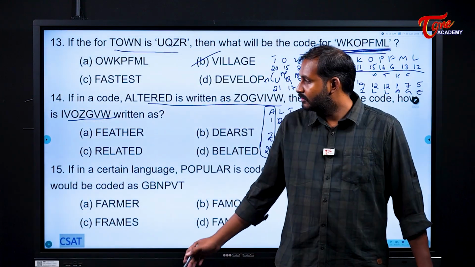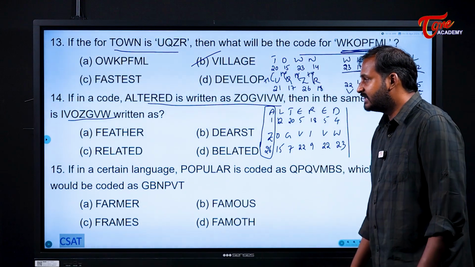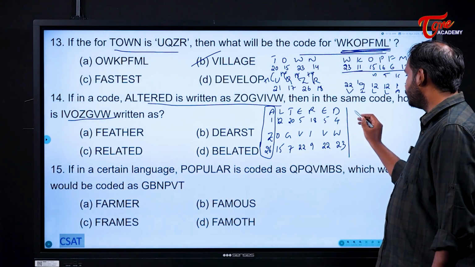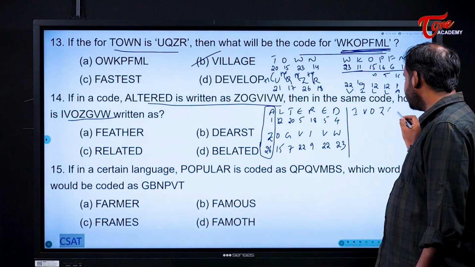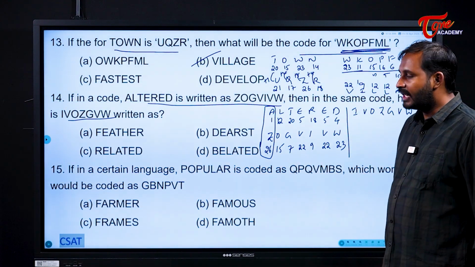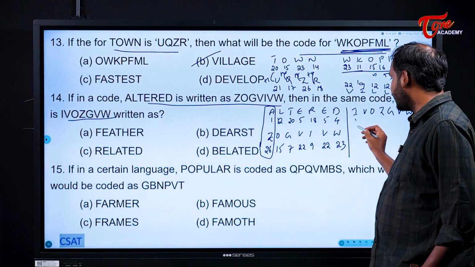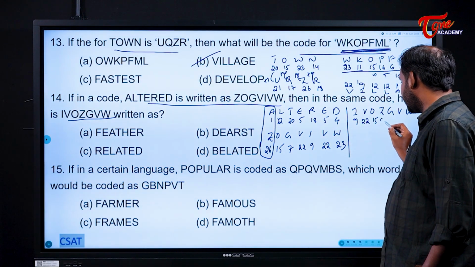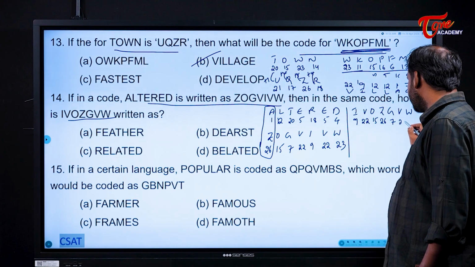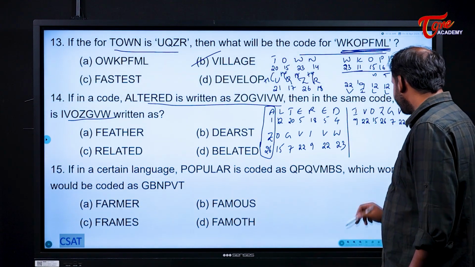Then how this IVO ZG VW will be written? So I will see IVO ZG VW, right? So now please see here, what is I? 9. What is V? 22. What is O? 15. What is Z? 26. What is G? 7. 22 and 23.